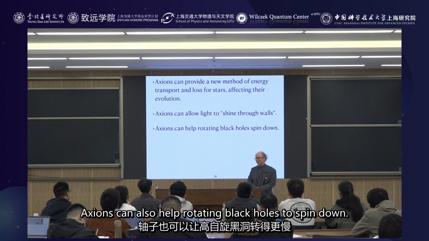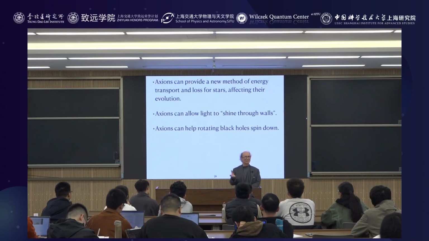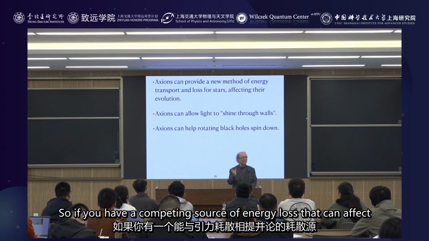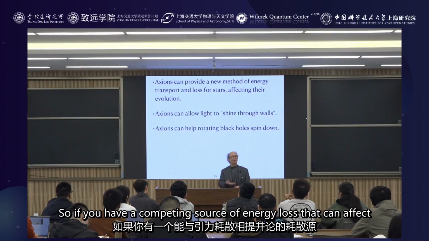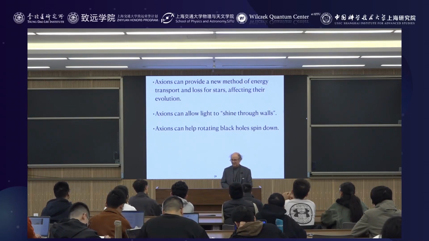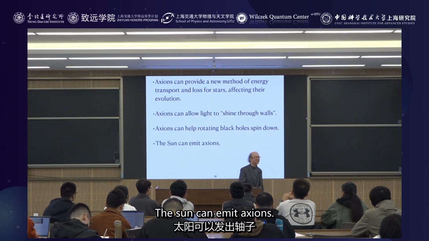Axions can also help rotating black holes to spin down. The axion coupling is weak, but the gravitational coupling is even weaker. So if you have a competing source of energy loss, that can affect the theoretical predictions for how black holes evolve. And that's an interesting story. The sun can emit axions.